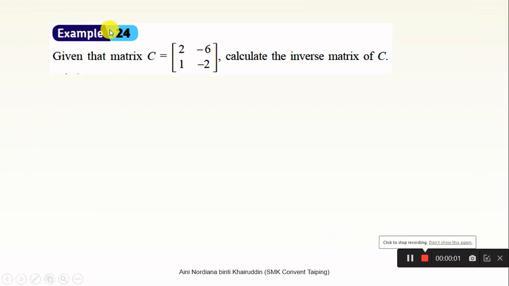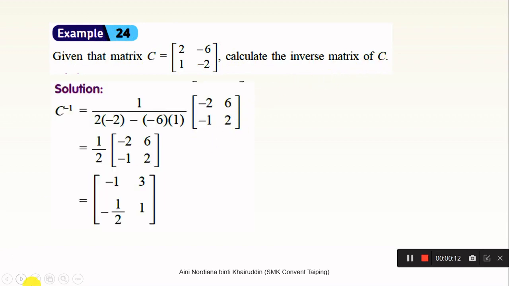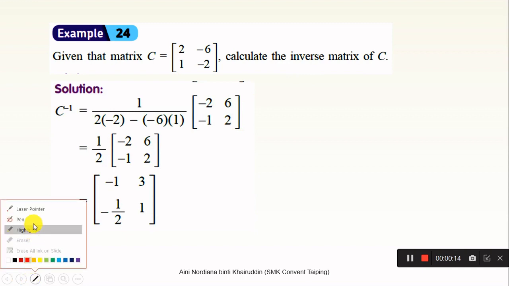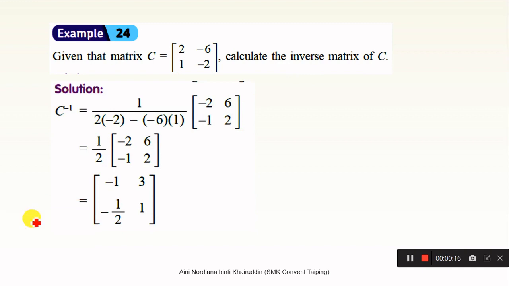Have a look at example 24. Given that matrix C is this, calculate the inverse matrix of C. So this is the solution. Let's use the formula 1 over AD minus BC.